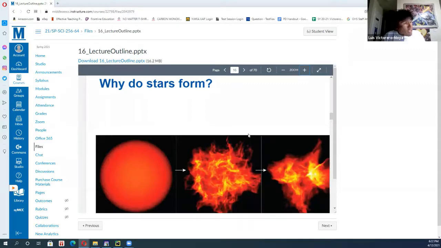And this can be triggered by another star or a supernova. If there is a supernova passing by the region where the molecular cloud is, it can make it unstable, and it can start igniting some star formation, right? In other cases, it can also be a shock wave, for example, from an O star or a B star.